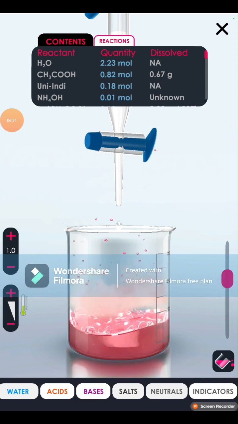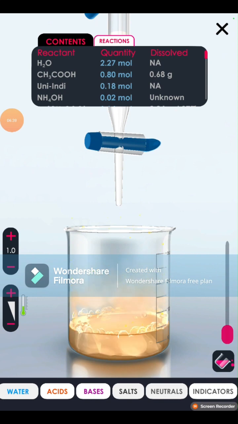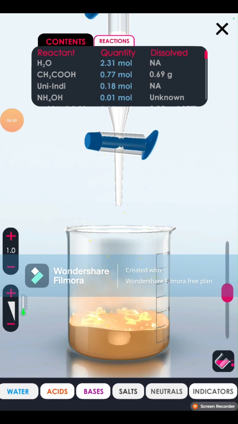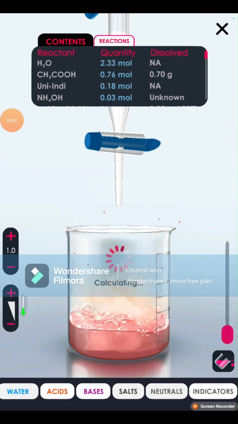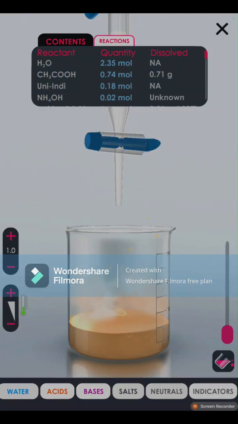After adding some more over here, let's check it. As you can see, it's getting fainter. Let's put a lot of this ammonium hydroxide. As you can see, the temperature level is increasing. Let's check. I'll show you.